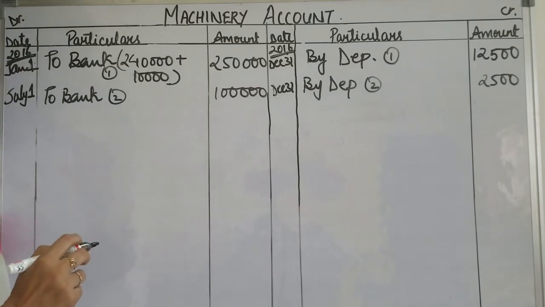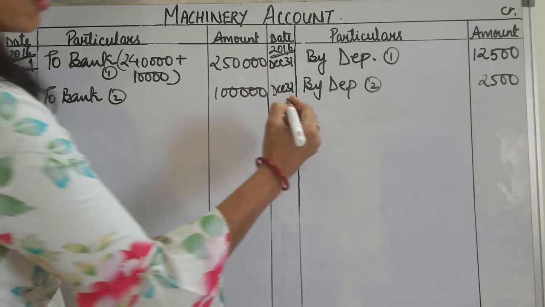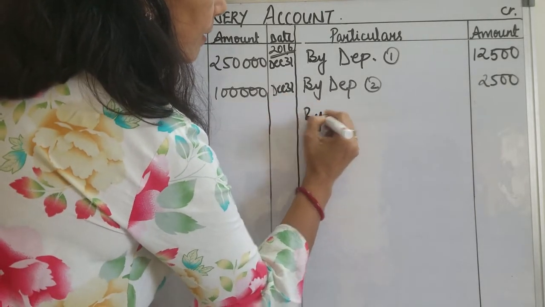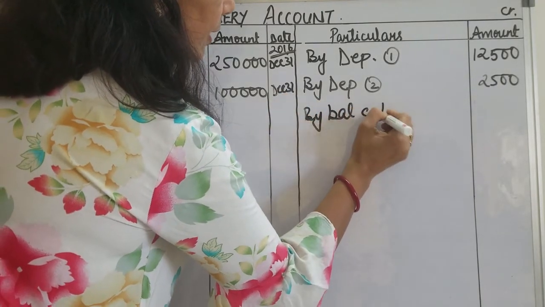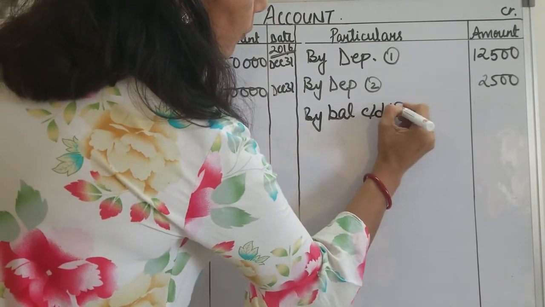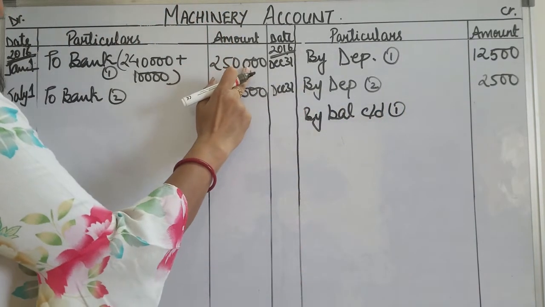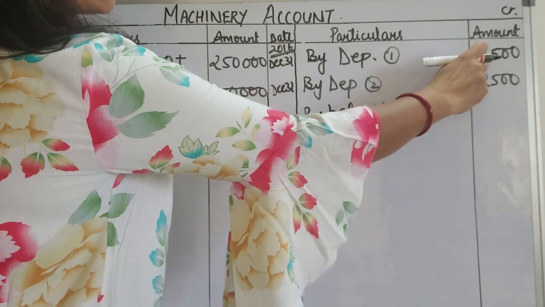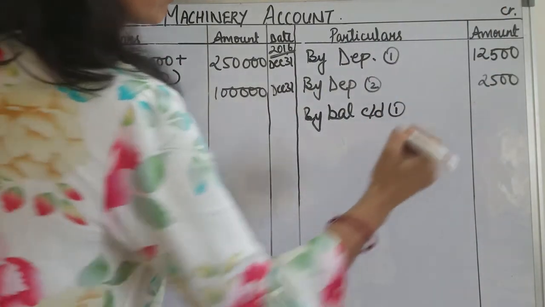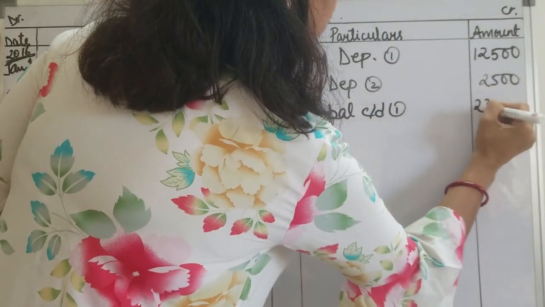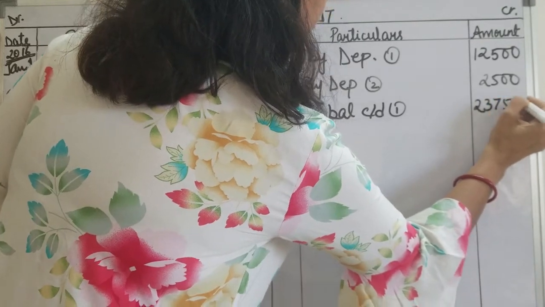Now, as no other transaction is here in 2016, let's just balance the account. So it will be by balance carried down for machinery 1, it will be 2,50,000 minus 12,500, so it will come to 2,37,500.